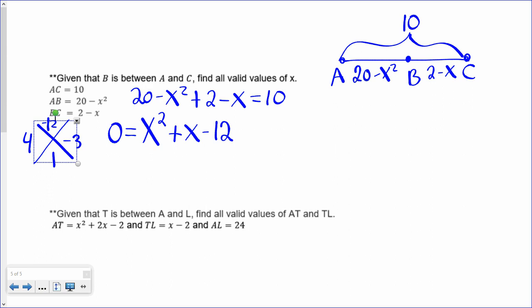Make sure your signs are correct. Be very careful. Can I go straight to parentheses? With this example, remember there are two different types where you can and can't. Yes, you can, if there's nothing in front of the x squared. That's why I wanted it to be positive. So I have x plus 4 and x minus 3. Now, remember, I wanted to know what x is, so this is where you have to solve. We talked about this. What's the one extra thing you do to solve?